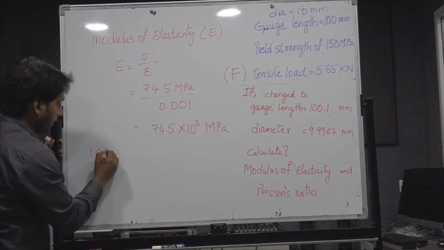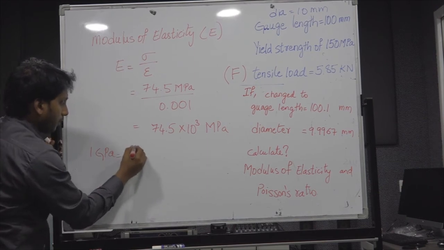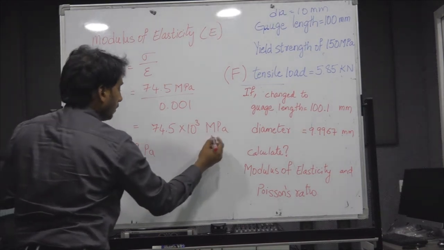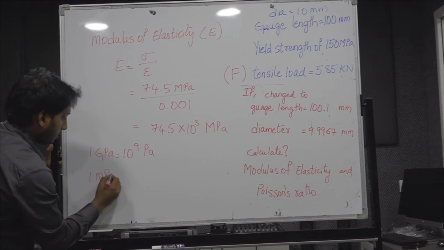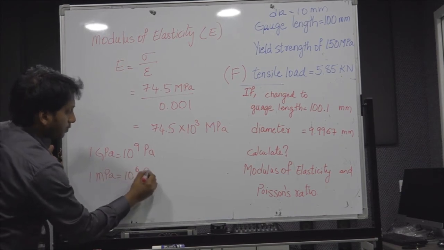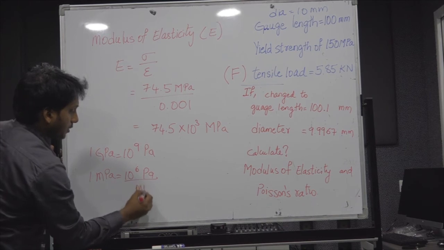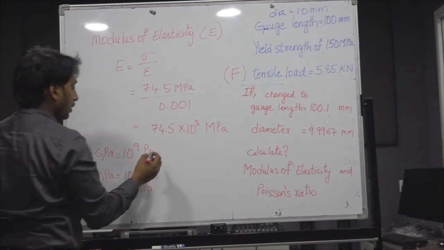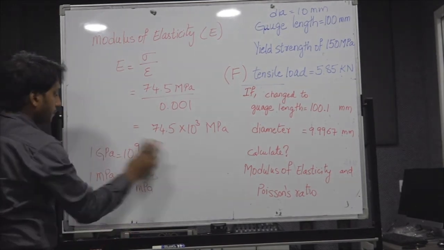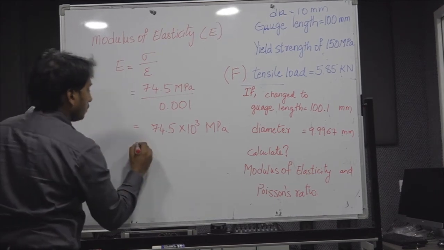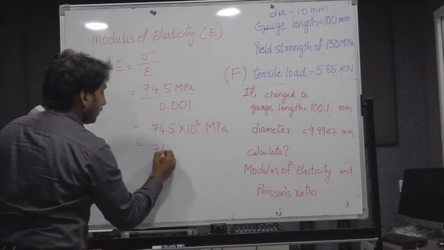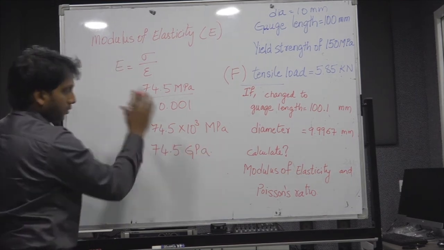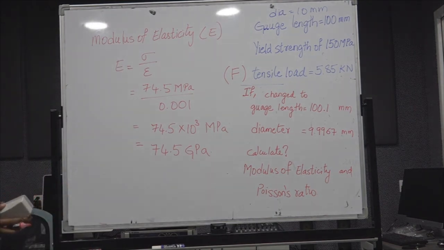Again 1 GPa is equal to 10 power 9 pascals, and 1 MPa is 10 power 6 pascal. So we can write it as gigapascals. So total the modulus of elasticity is 74.5 GPa.